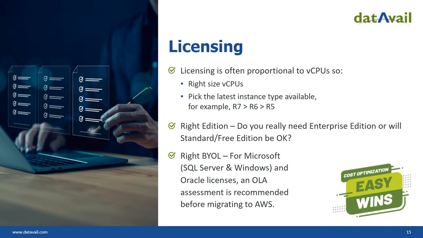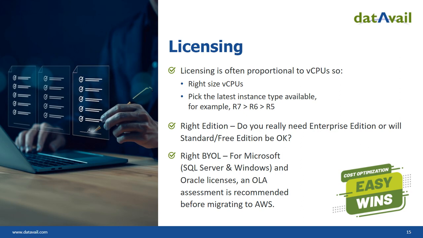There's another aspect of cost savings, which is licensing. Often customers have SQL Server, Windows, Oracle, and many other third-party products, which are for the most part licensed per virtual core. So it's better to optimize that. How do you optimize that?